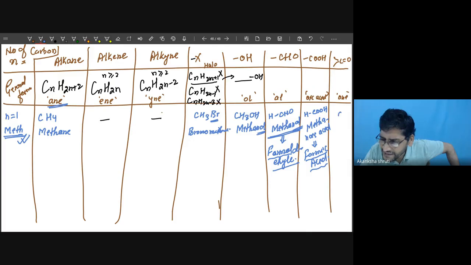A student, can 2 hydrogens be attached here and here? No, otherwise it becomes like our methanol or formaldehyde. So this structure is not possible, otherwise it exactly resembles this one. Therefore, this is not possible.